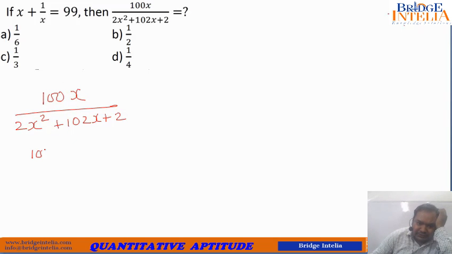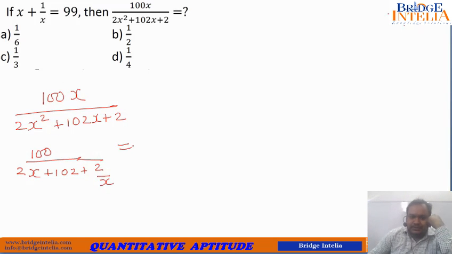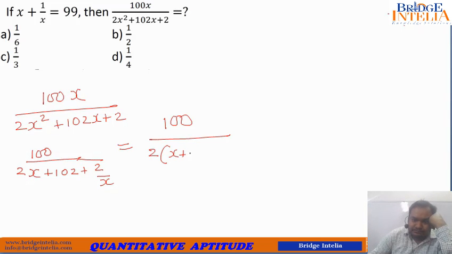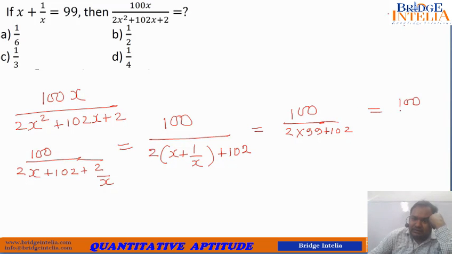So this is in fact equal to 100 divided by, if you take 2 common, x plus 1 by x, plus 102. So this is equal to 100 by 2 into 99 plus 102. This is 100 divided by 198 plus 102, which comes out to be 300. So the final answer is 1 by 3.